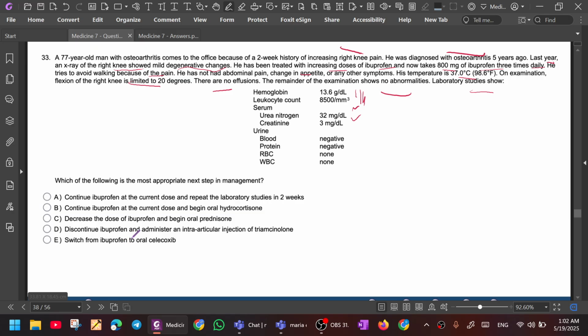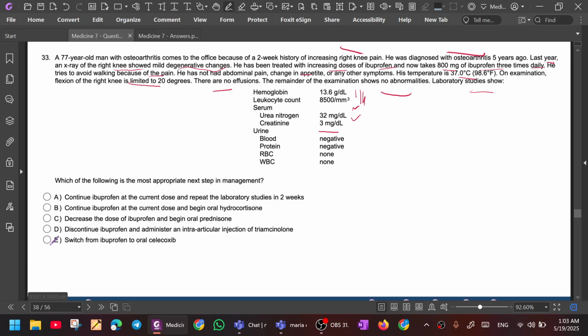BUN and creatinine 32 over 3. Increasing right knee pain. Just continue ibuprofen at the same dose? So that could save him.